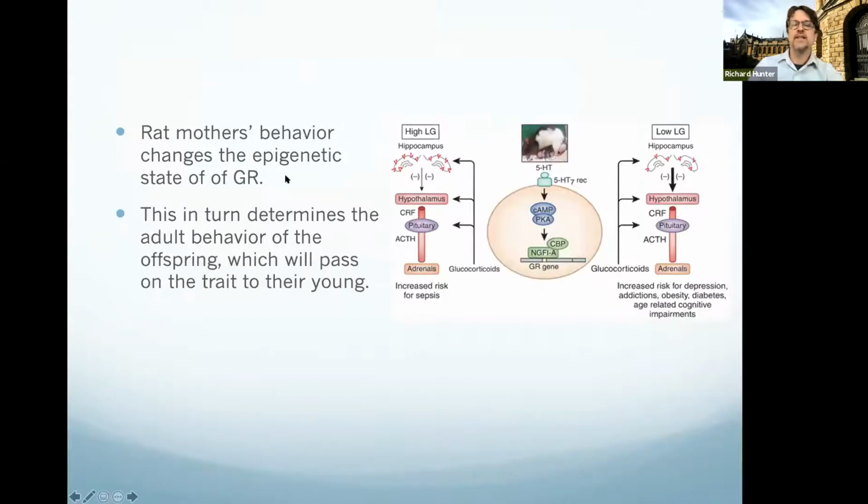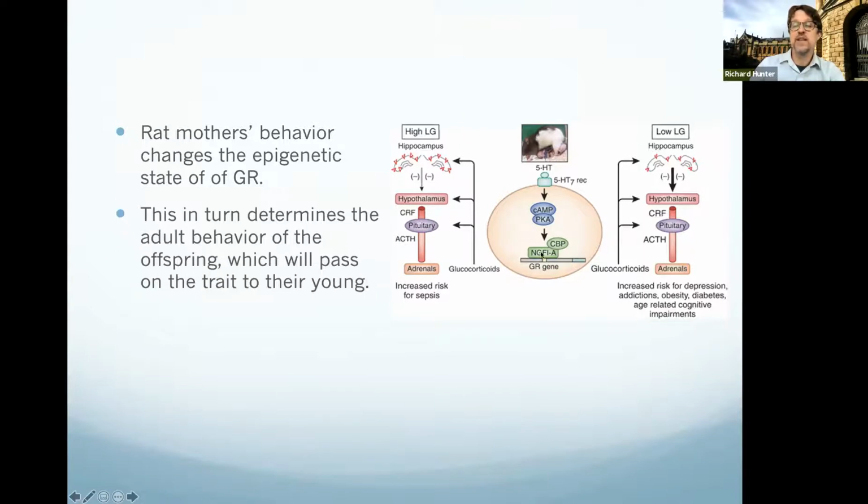Okay. And it turns out that it was even more complicated than this when you get down to the details. So these high-licking grooming animals with lots of glucocorticoid receptor expression had better feedback with their glucocorticoids. The GR gene was affected during development while the mother was nursing and grooming their offspring, that was affecting serotonin levels in the babies.